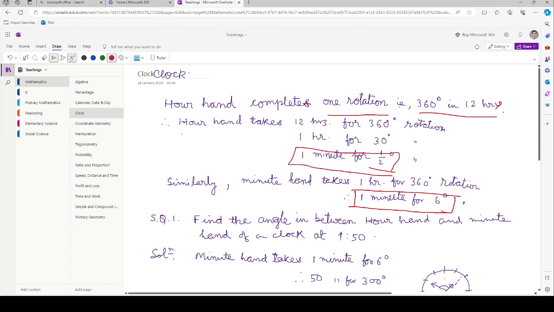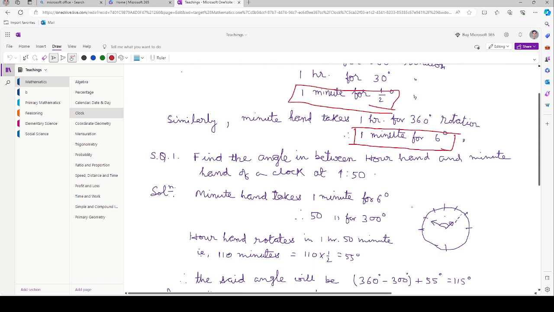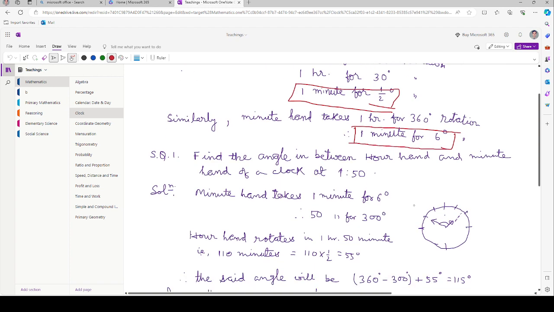Hour hand takes 1 minute for half degree rotation and minute hand takes 1 minute for 6 degree rotation. Then we can easily calculate any problem associated with clock hands and angle. Right.